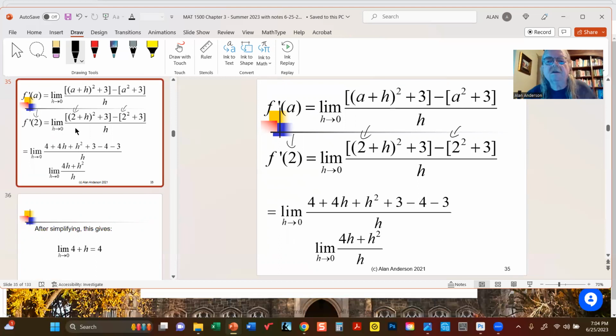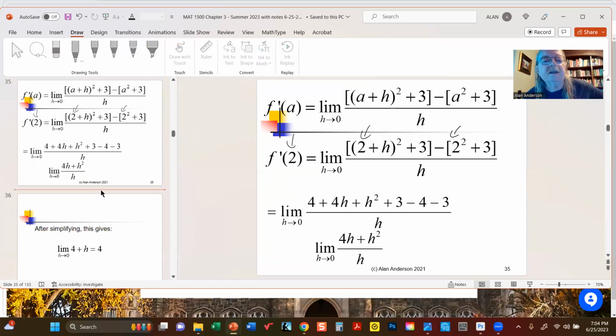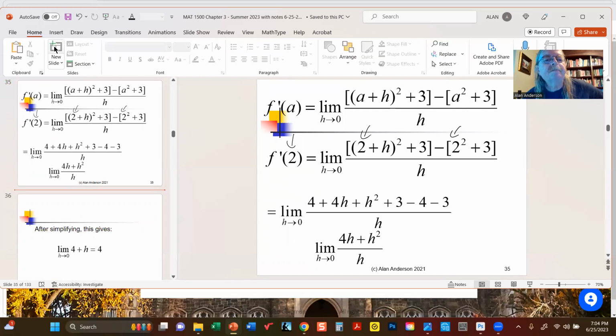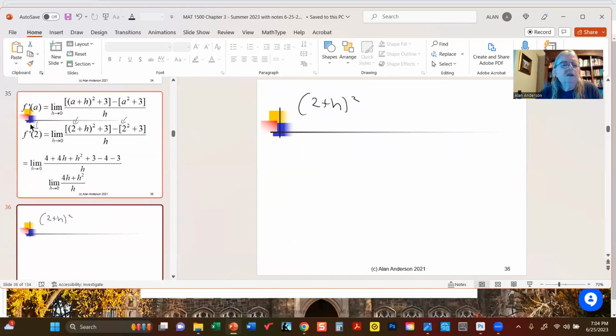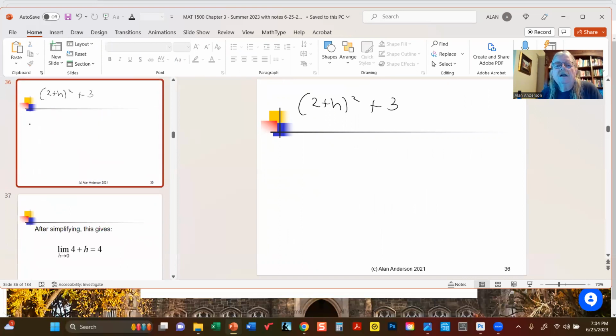So let's just quickly go to the next slide and show how these are being expanded. So for this first one, we have 2 plus h squared plus 3. So the 2 plus h squared can be solved with FOIL.